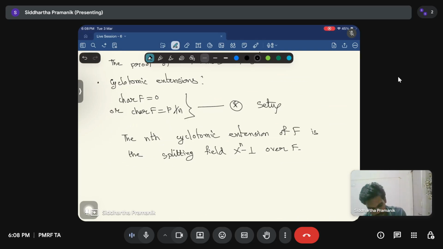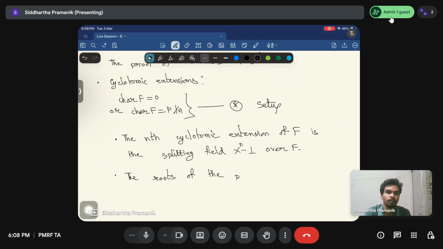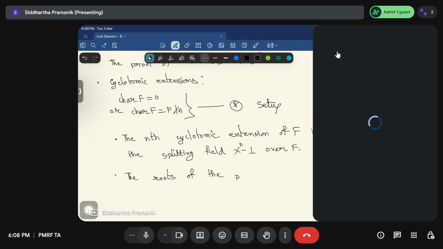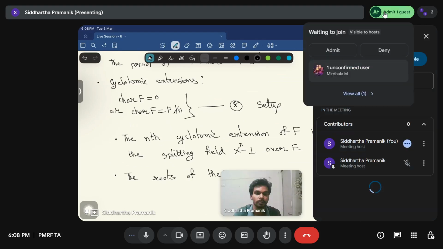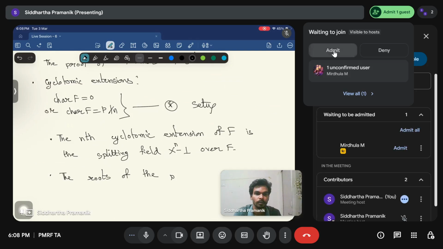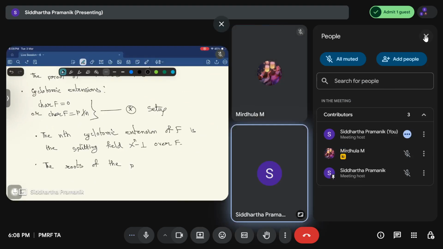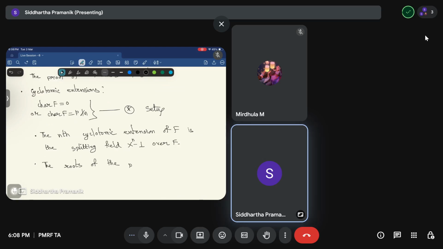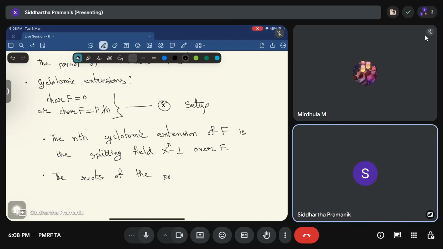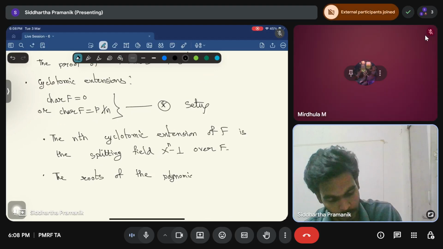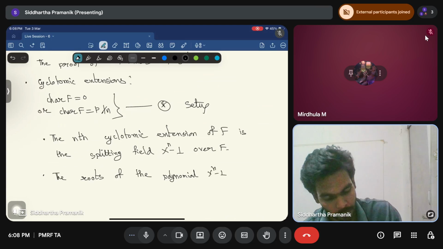The first thing is that the roots of the polynomial x to the power n minus 1 form a cyclic group.